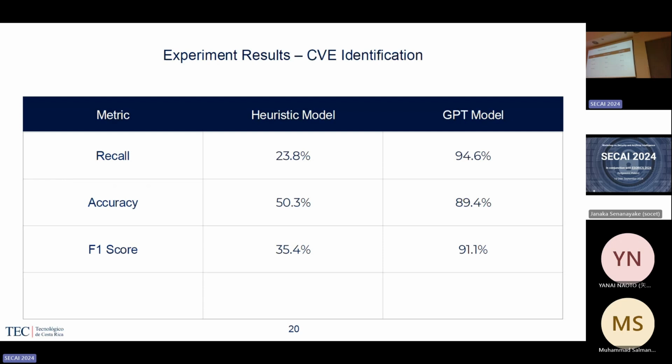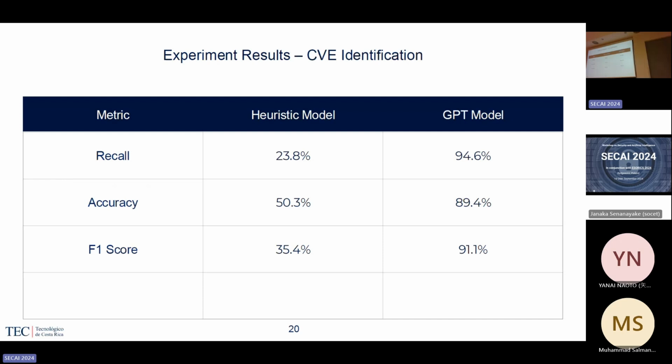We have to acknowledge when we are vulnerable, and the GPT model was really good. Basically, 94.6% of the time it was correctly saying we're vulnerable. And in this case, we really want to avoid the misinformation, so recall is the most important metric, because unfortunately misinformation tells us we are not vulnerable when we are.